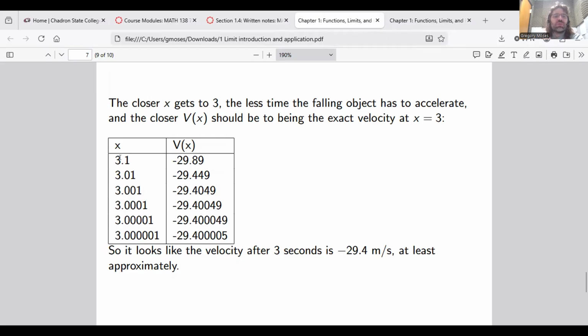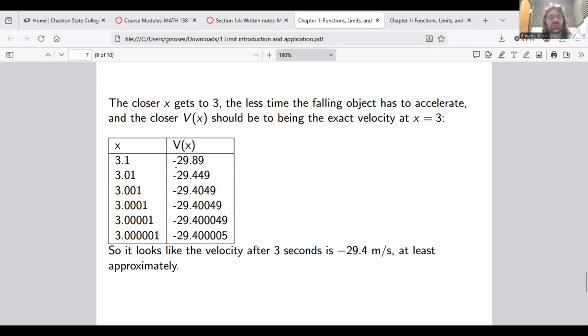So you see when we have this interval that's just 1/10 of a second, from 3 seconds to 3.1 seconds, the average velocity is negative 29.89. Then we make the interval smaller, 3.01.